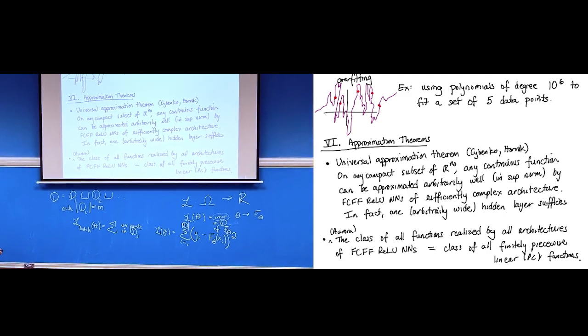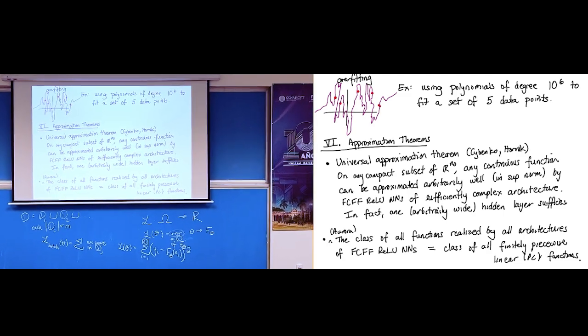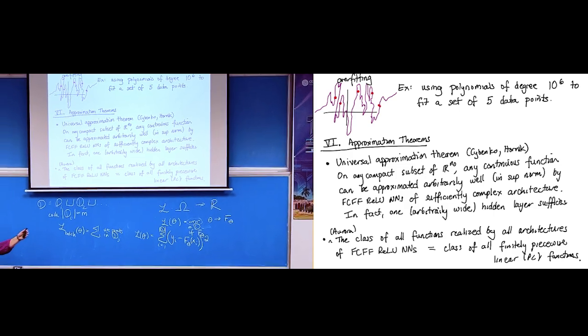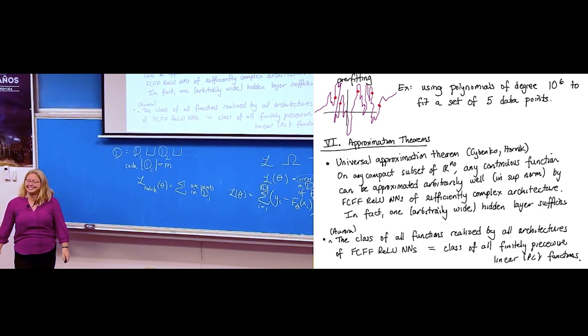You might need to have a lot of them, but if you use a complicated enough structure, you'll be able to approximate anything. In fact, you can show that you actually only need one hidden layer, as long as you make that layer really, really wide.